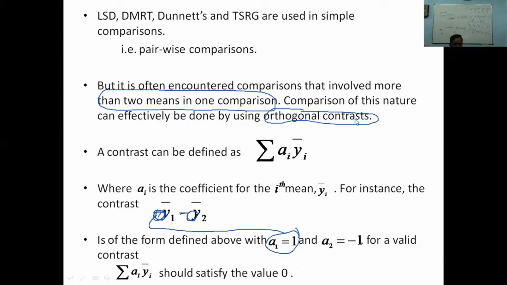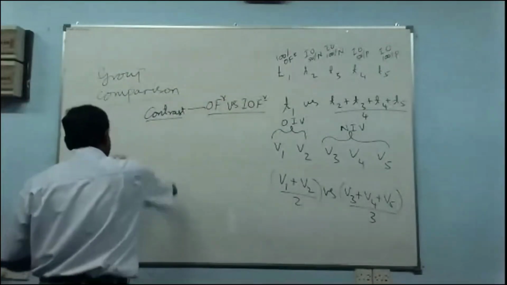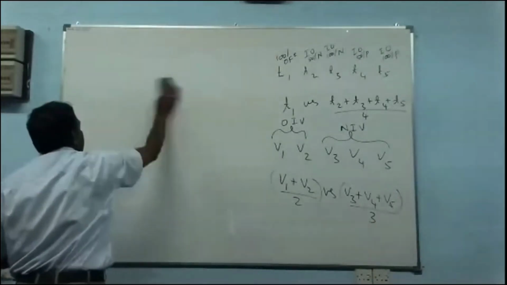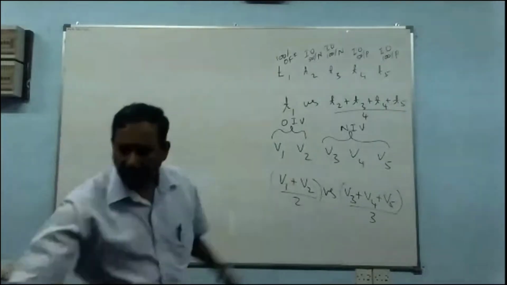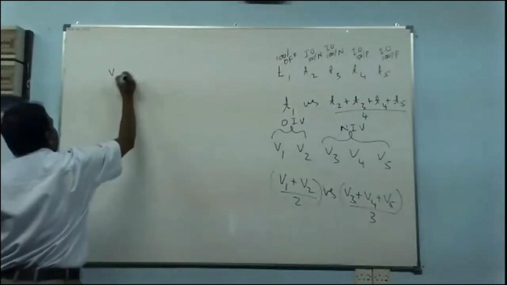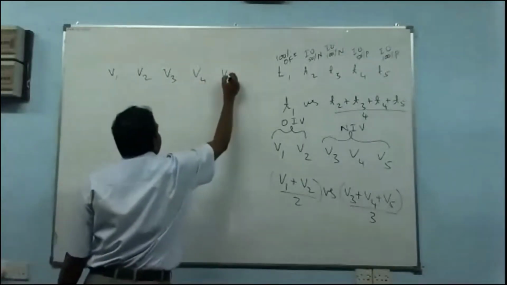Right. Now let's simply take this example to talk about this coefficient. I'll take this variety, the same example. Variety 1, variety 2, variety 3, variety 4, variety 5.